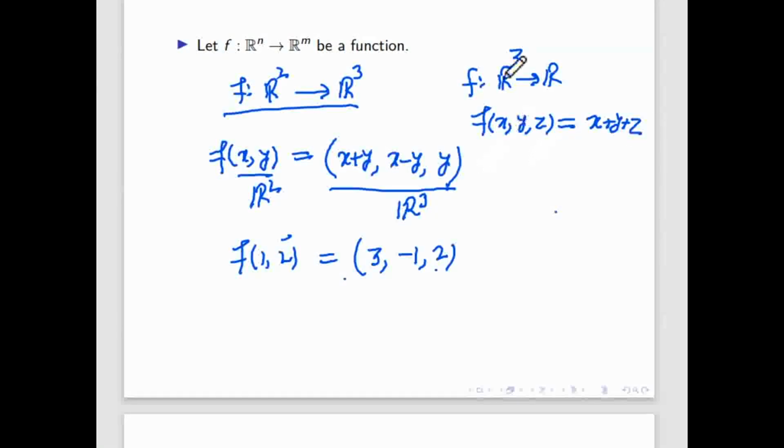This is an example of multivariable, because 3 variables are there and the image is only a single number, so it is a several variable scalar function. But here the right hand side image is a vector, so it is a vector valued function. Here it is taking scalar value, and both are examples of several variable, that means more than one variable.